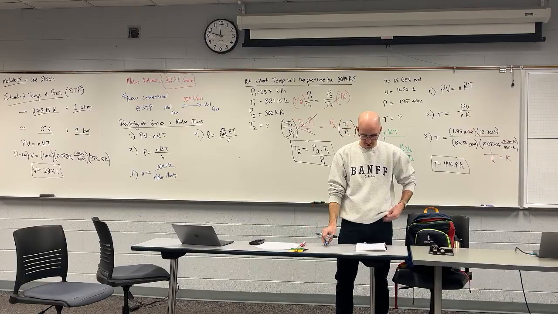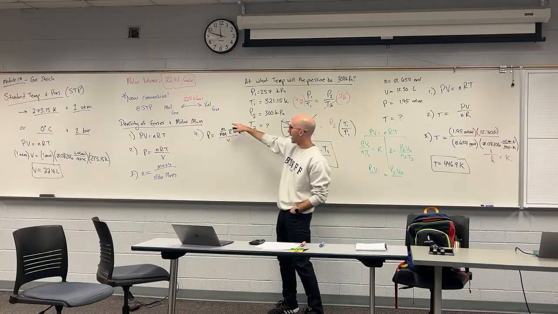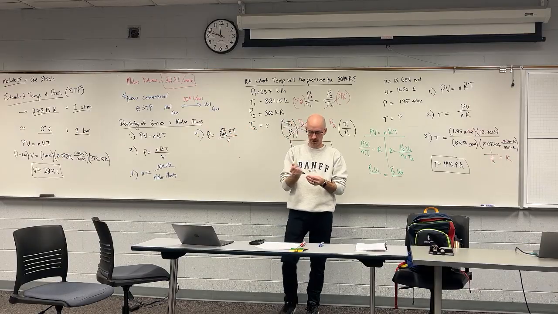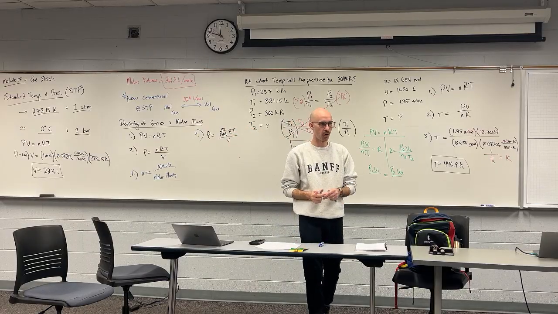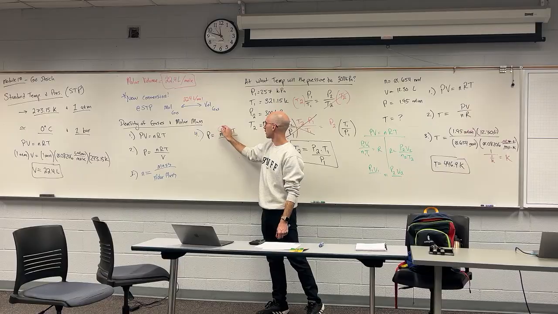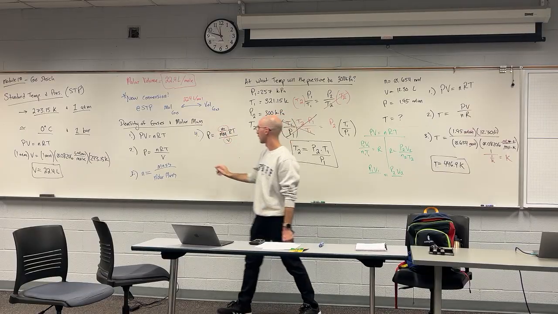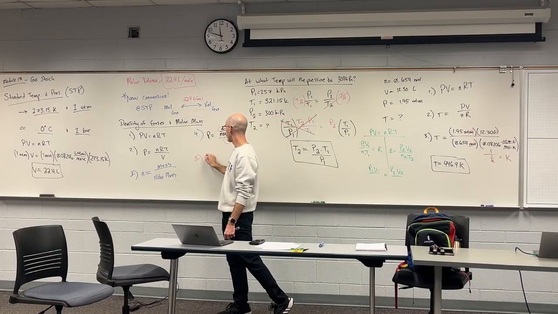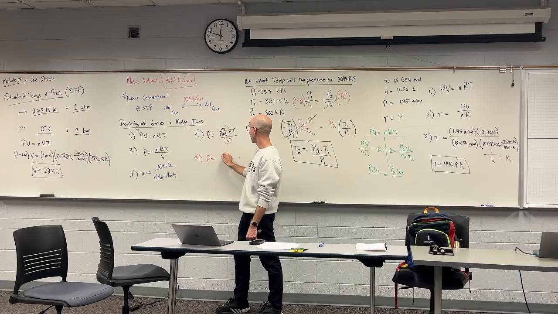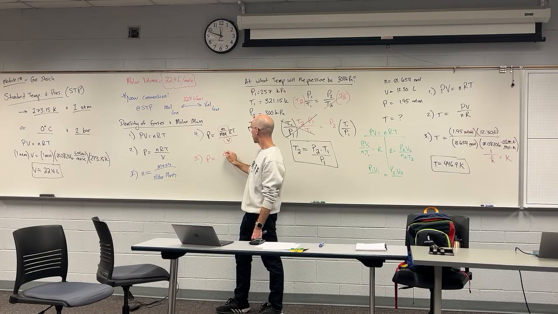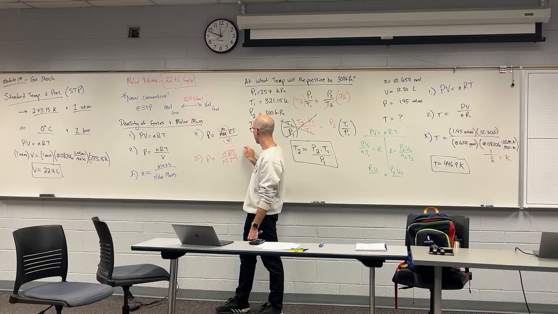If I have mass per volume, then I am reporting the density. So the pressure is equal to the density times RT divided by the molar mass.